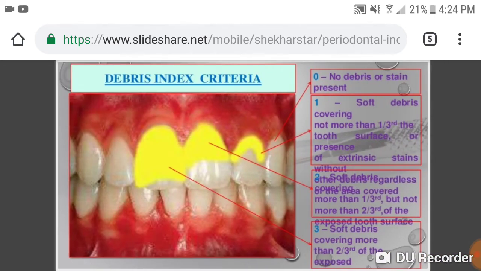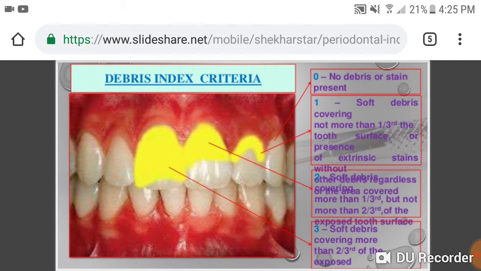Debris index criteria. For this canine, as you can see to the right of this video, no debris or stain present. As you can see from the arrow, that's 1. Soft debris covering not more than 1/3 of the tooth surface or presence of extrinsic stains.